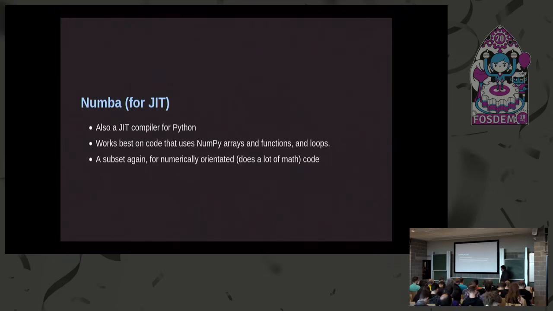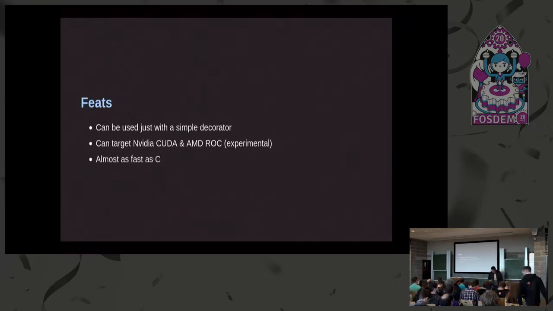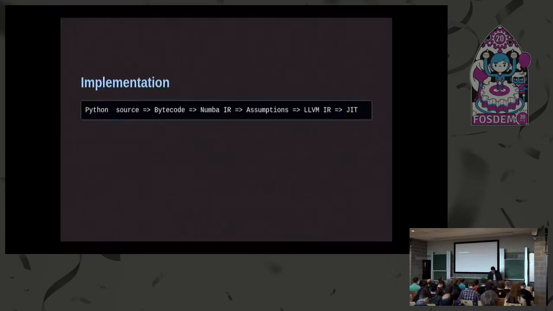If it doesn't know, it records runtime data. It's used with a simple Python decorator. You just add something at the top of the function called jit, and Numba automatically handles everything else. It supports NVIDIA CUDA and AMD ROC experimentally. It's almost as fast as C in some cases, which is pretty good.